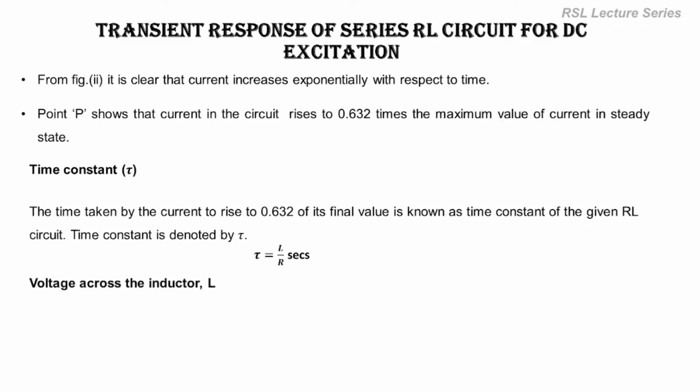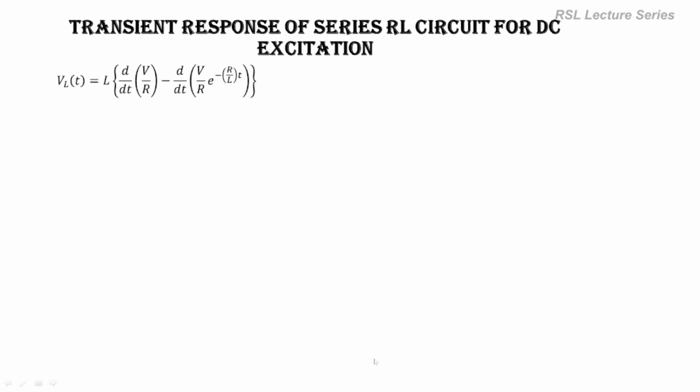Now we'll find out the voltage across the inductor. We already know the formula, L into di(t)/dt. This can be written as L into d/dt of V/R minus V/R into e^(-R/L · t). This is the i(t) equation. Now this can be written as L into d/dt of V/R minus d/dt of V/R into e^(-R/L · t).